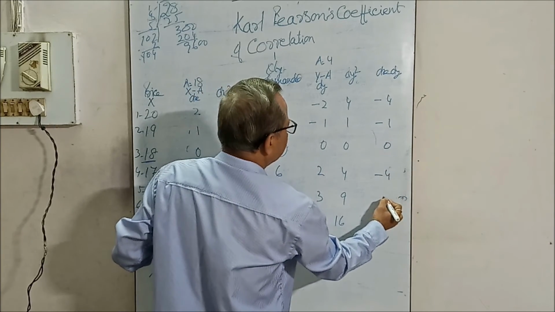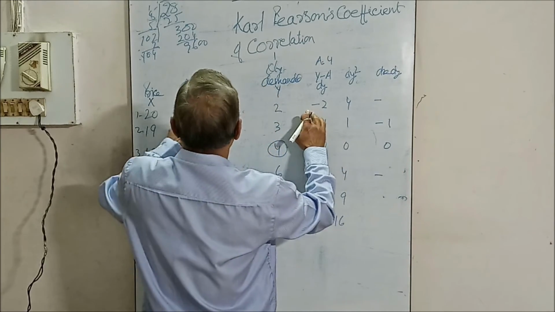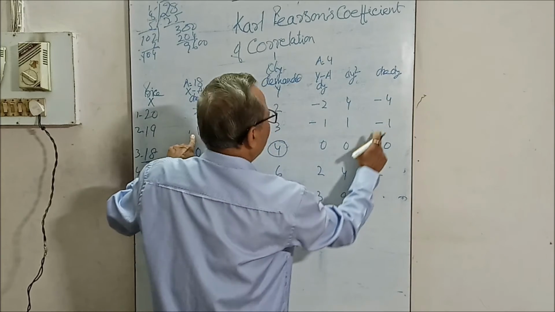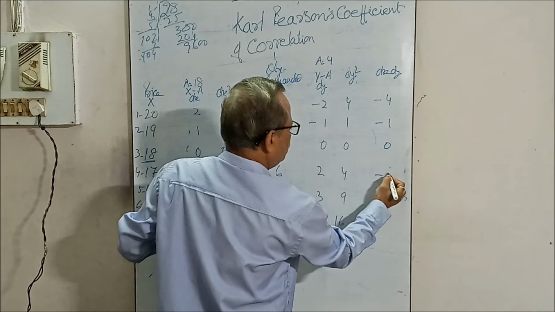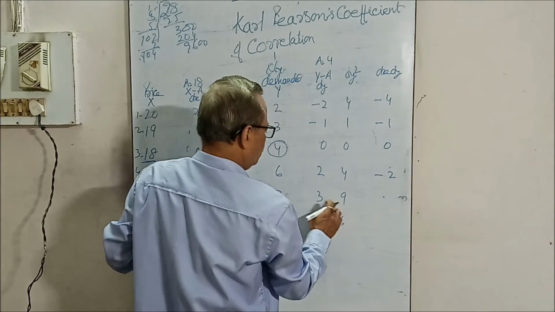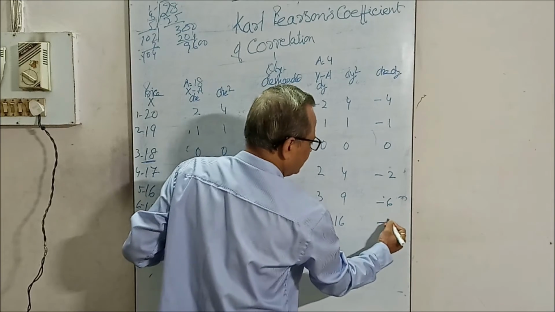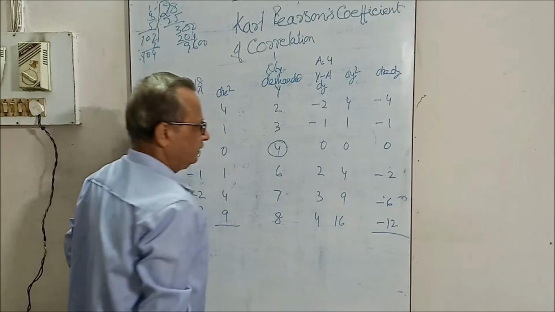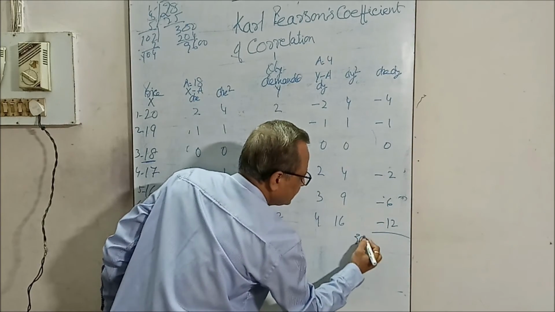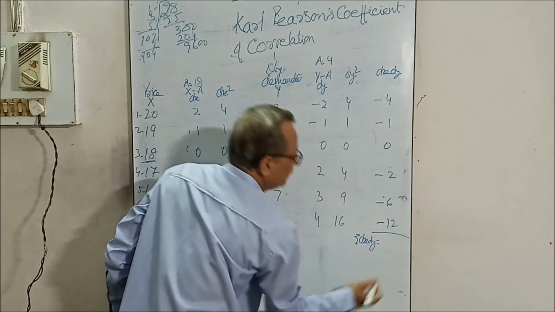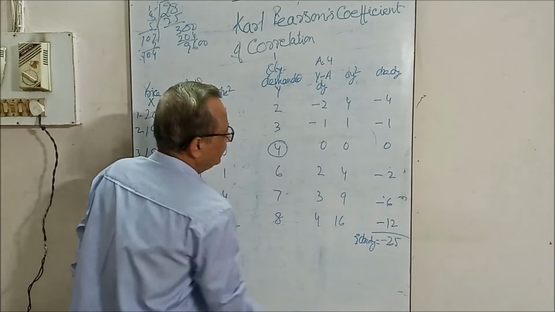This is wrong; this is minus 2 into 2, which is minus 4, 1, 0. 1 into 2 is 2, minus 2; 2 into 3 is 6, minus 6; 3 into 4 is 12, minus 12. Now find the total of it. This is dx dy, minus 25.